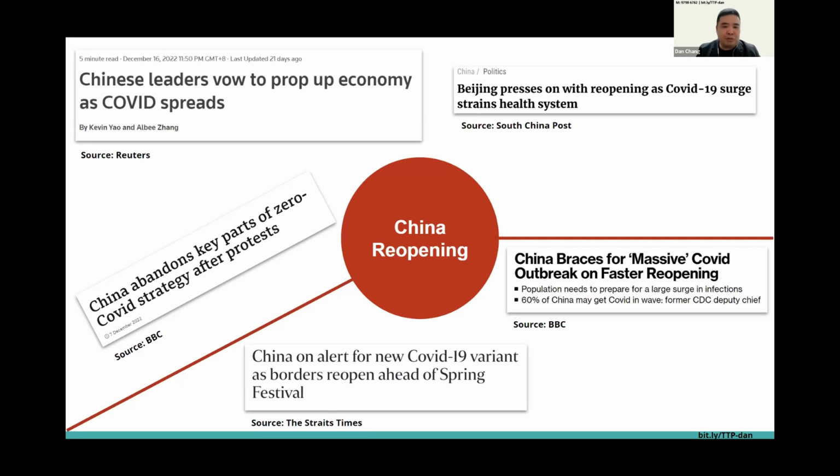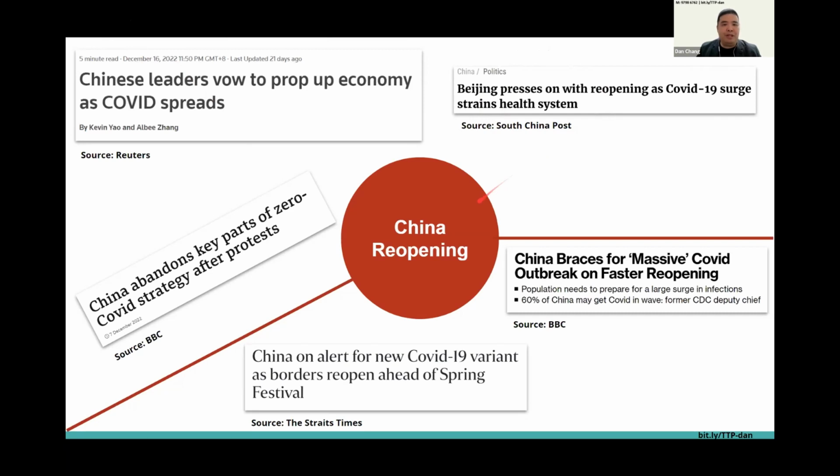There is also news that a new COVID-19 virus might emerge as they reopen. But despite all this, Beijing has said that they will still proceed with reopening, even if the cases are still rising.